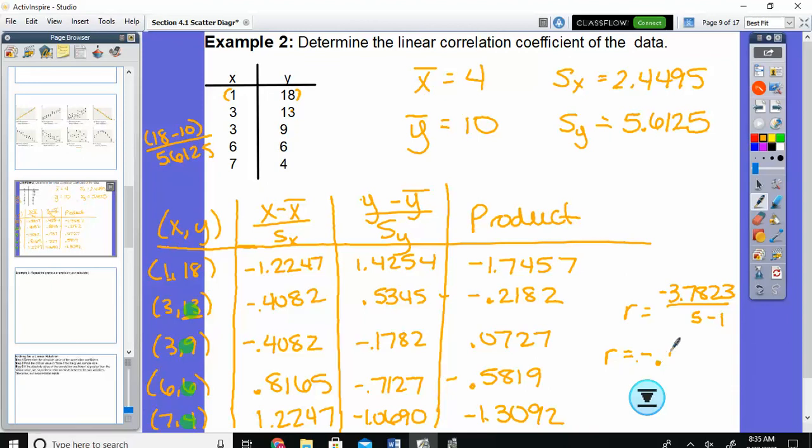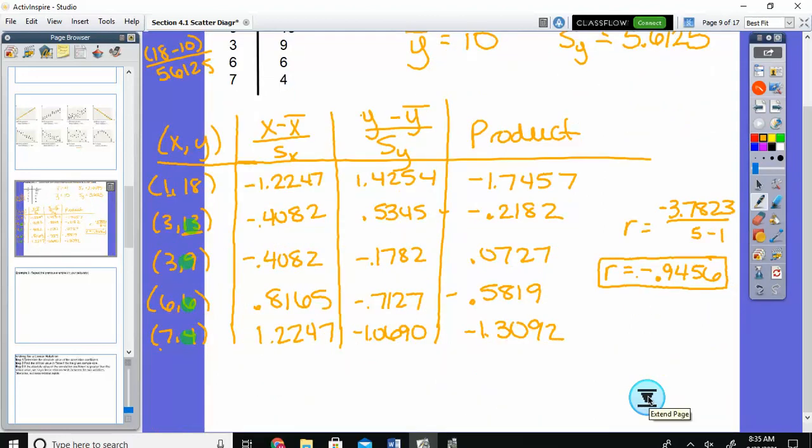So we get an R of negative 0.9456. It is important on these that you keep decimal places. If you just round everything to 1 decimal place, you are going to have a significantly different R value. So we need to try to keep those 4 decimals as we go through that.